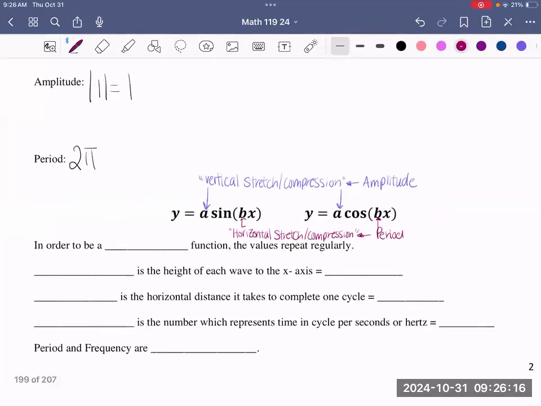So it says, in order to be a periodic function, the values repeat regularly. Your amplitude, as we've discussed before, is the height of each wave to the x-axis, which is equal to the absolute value of A. So we take the absolute value, because if we see anything that is negative, that negative is not the height.